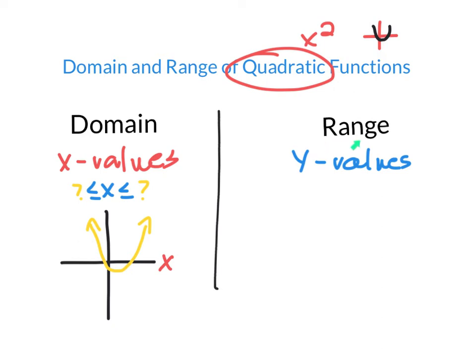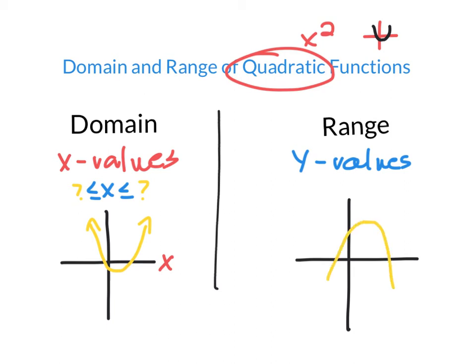All right, the range or the y values are different. You will see in your quadratic function that it's going to have either a U shape with a low point, or a U shape with a high point.